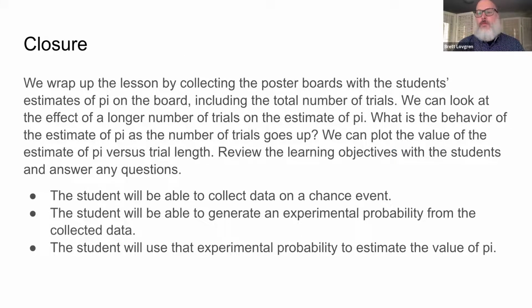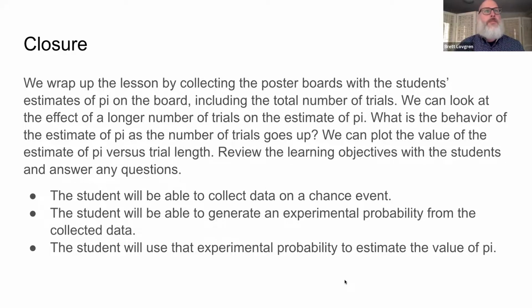So I wrapped up the lesson, going over some of the details of collecting a random sample, some of the issues with the bias of the clustering of the pencils over the image, talking more about experimental probability in our estimate.